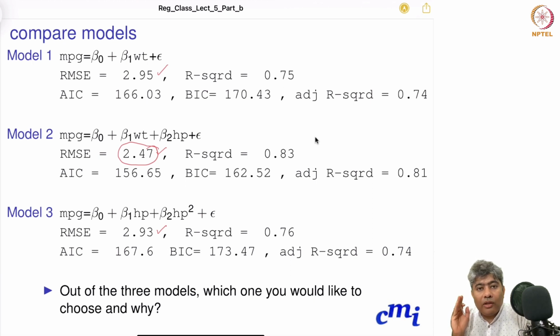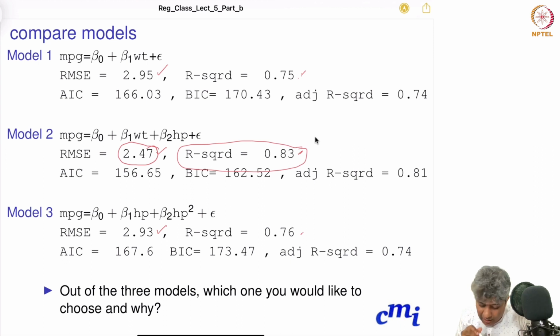Now let us look at R square. We would prefer the model with a higher R square. The first model has 0.75, the second model has 0.83, and the third model is 0.76. So again, R square for the second model is higher.